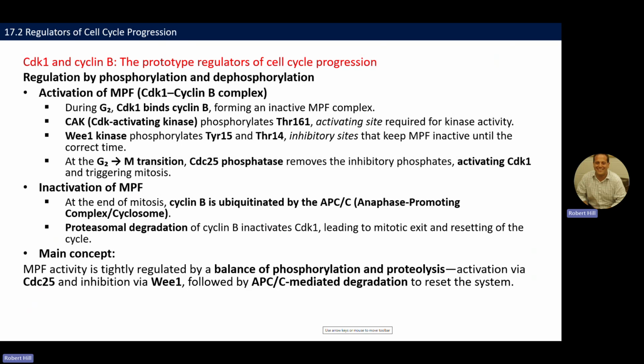Okay. So after you've loaded up with phosphates, there is a phosphatase that can remove the two phosphates that were added by WEE1. This is called CDC25, right? CDC25 phosphatase removes the inhibitory phosphates, and now we have an active CDK1, and that triggers mitosis.